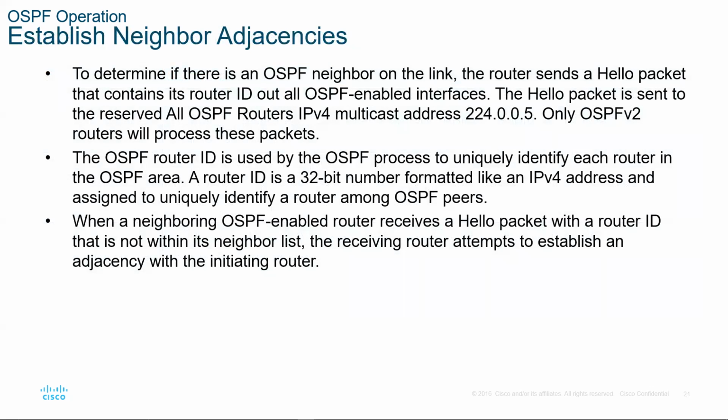These hello packets that are used are sent to all the others using a multicast address of 224.0.0.5, and any device running OSPF version 2 knows to listen to this address and receive the updates.